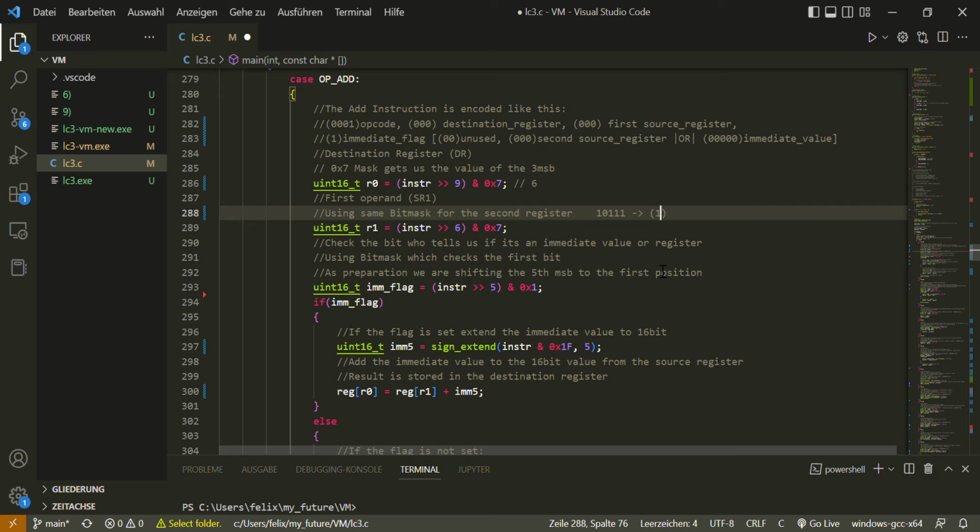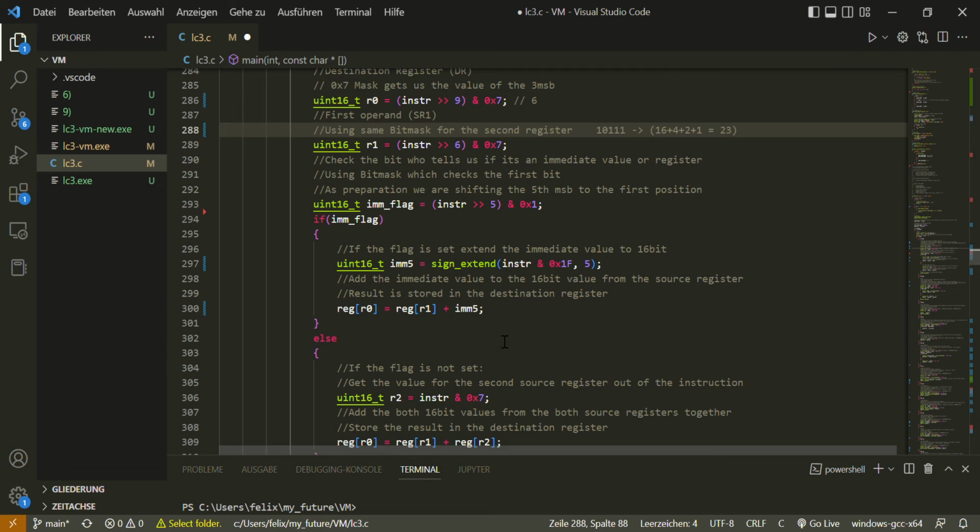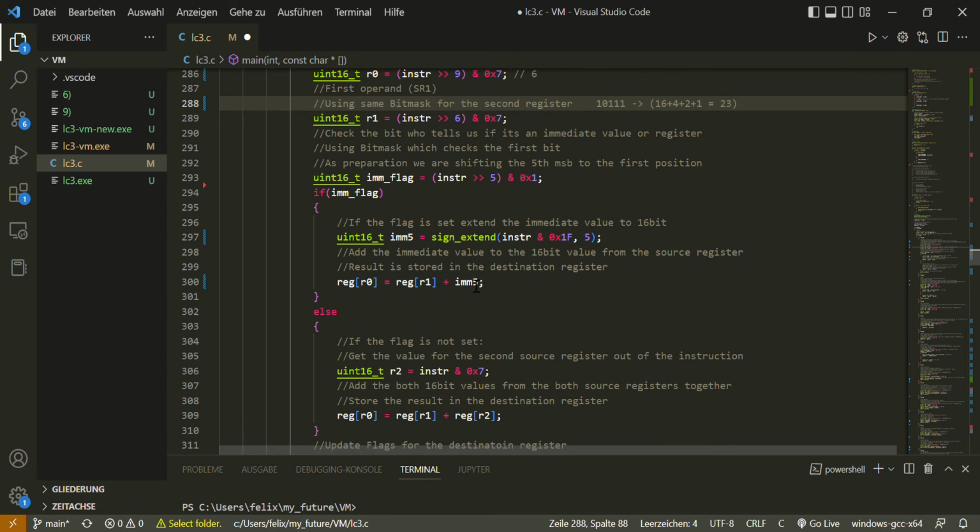This would be 1 plus 2 plus 4, then we have a 0, this would be 8, and the last one is 16. So 23.